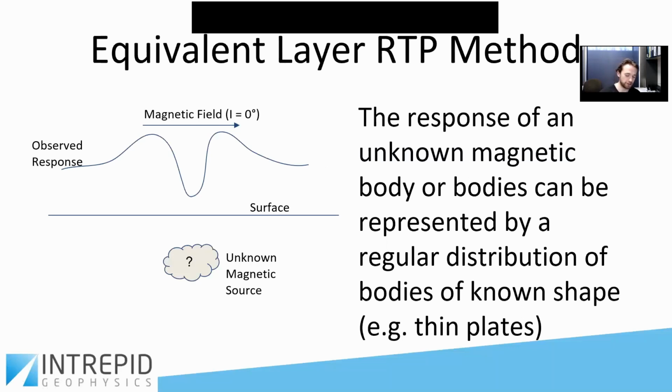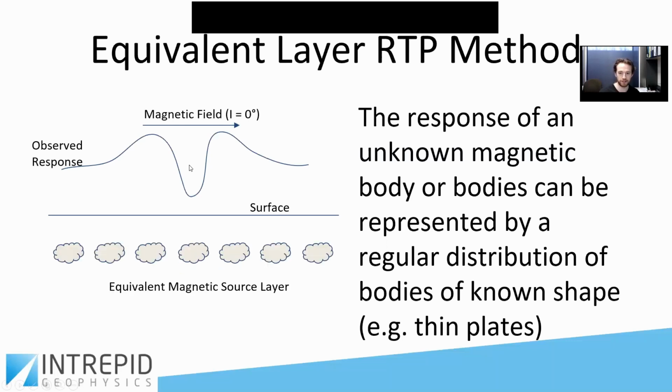So the first concept that we're going to be using for solving this issue is that we want to model all the objects below the surface that could produce this response. So we're effectively doing almost like an inversion. We're trying to guess what sort of structure underneath the ground could produce the signal that we've observed.